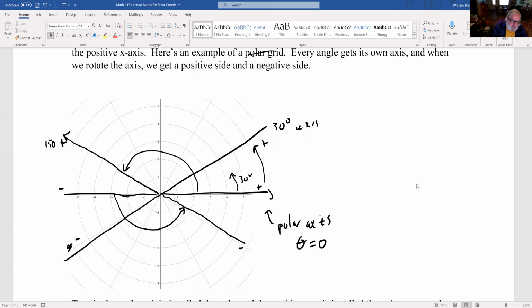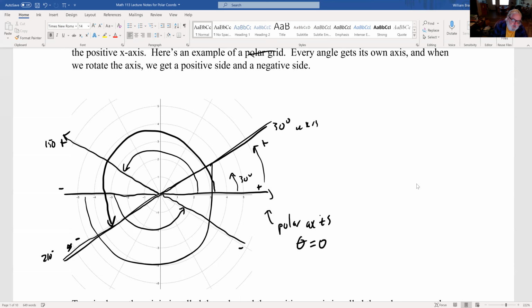But you can notice here that the 30-degree axis is related to the 210-degree axis. We take our positive x-axis and we rotate it 210 degrees. The positive x-axis is down here, while the negative x-axis rotates up here.